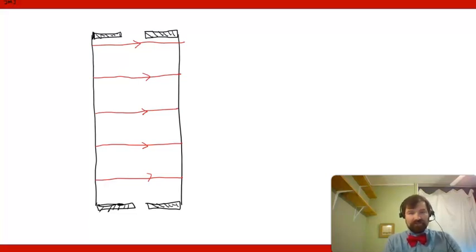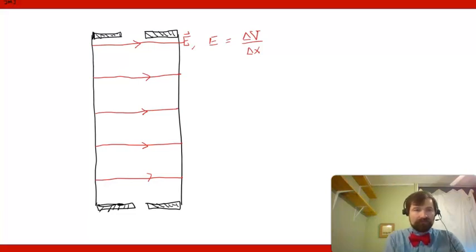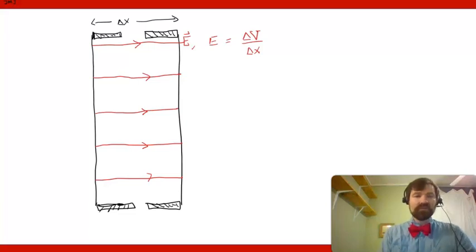So what I have here is an electric field E, where E could be given by delta V, the voltage, over delta X, the distance. So if I were to sort of label a distance between these, this right here maybe would be my delta X. Alright, so that is my E field strength for a uniform electric field.